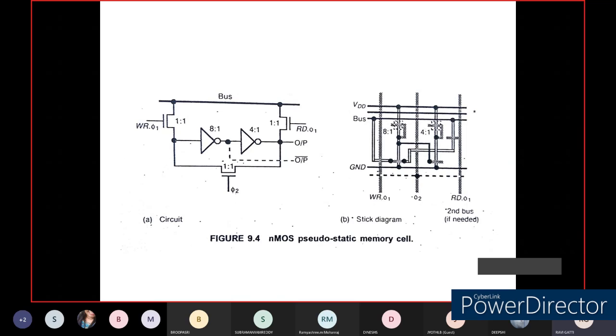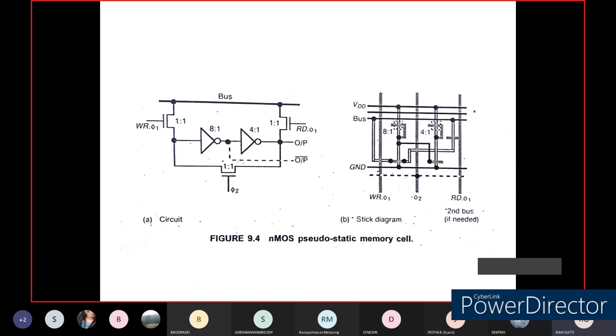This pseudo static memory cell is nothing but a bus with a combination of two inverters. It has a read pin and a write pin. With the use of this read pin and write pin along with the clock frequency Fn, we can generate pseudo codes for the implementation of the CRC error checking mechanism.